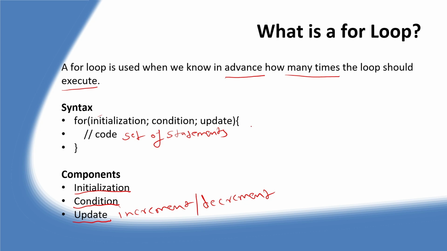These are the components. For now, we should keep in mind there are three components of a for loop: initialization, condition, and update.